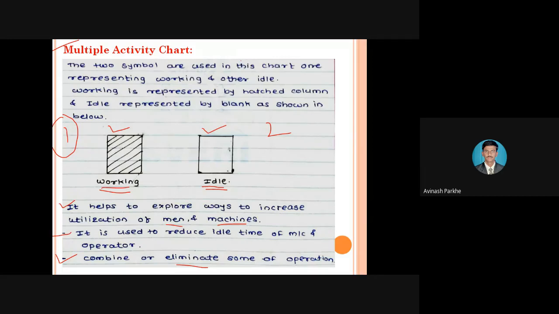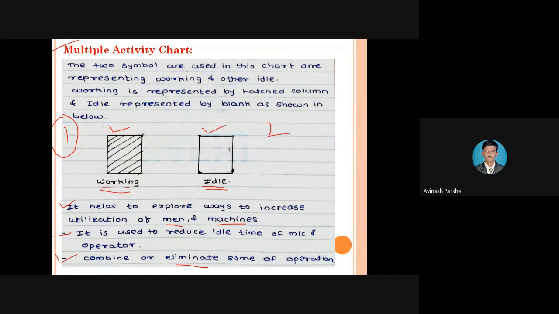But there is one limitation to these charts, or to all the types of charts. What will be the limitation? Whenever long movements are taking place, or whenever any backtracking is there. Backtracking means the component is moving from 1 to 2, 2 to 3, 3 to 4, and from 4 again it is coming back to 1. Or from 4 again it is coming back to operation number 2 or machine number 2.